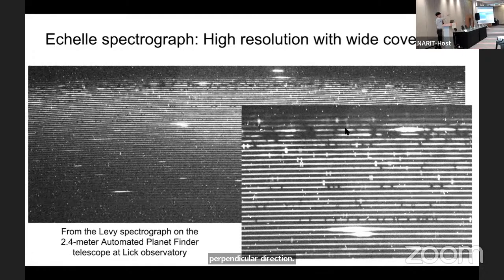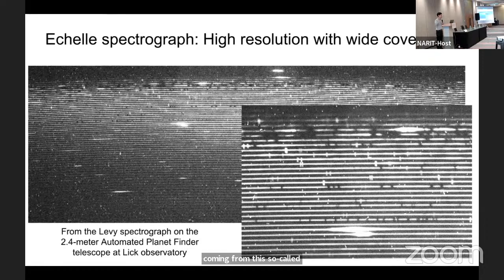So the grating disperses light in this direction, and you put in a prism to disperse the same light in that direction. And when you do that, all the different orders get separated into this neat and nice image on your detector. And this is typical data coming from this so-called echelle spectrograph.